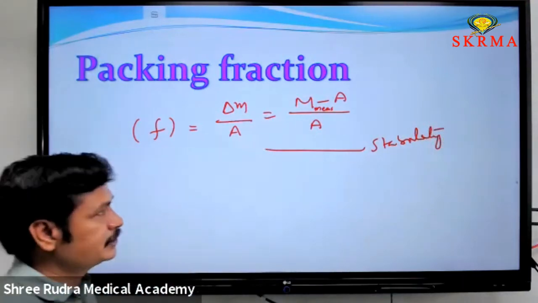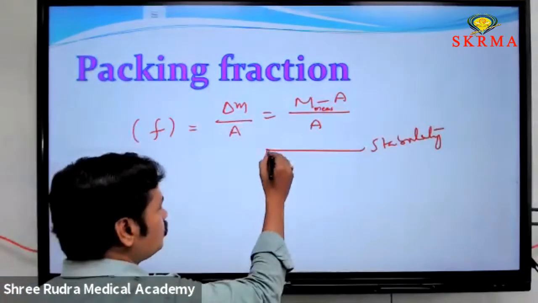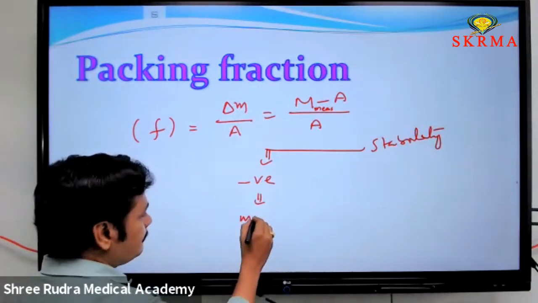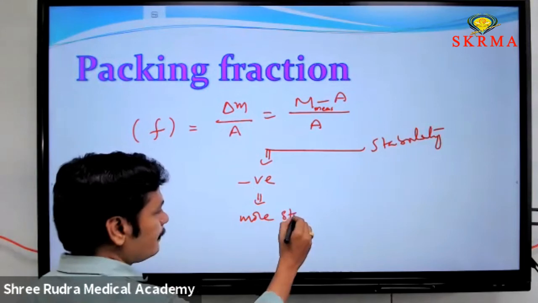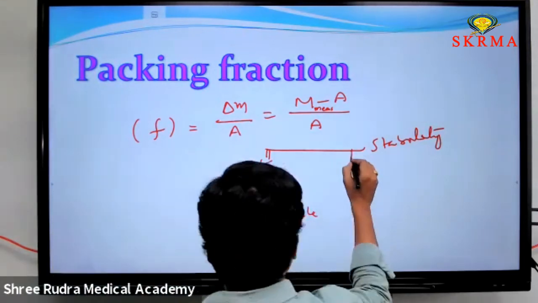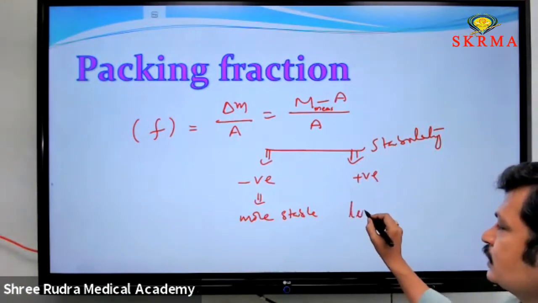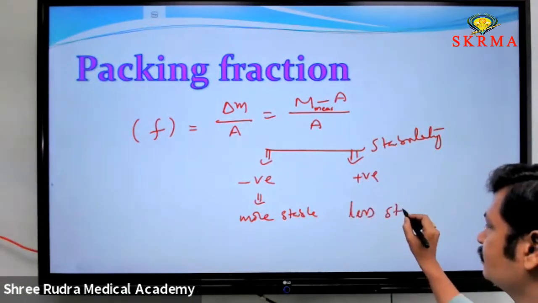How does it represent stability? If the packing fraction value is negative, that nucleus is more stable. If it is positive, that nucleus is said to be less stable.